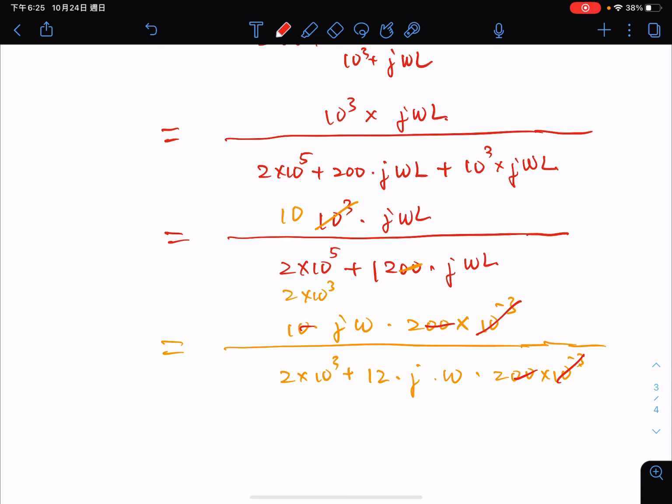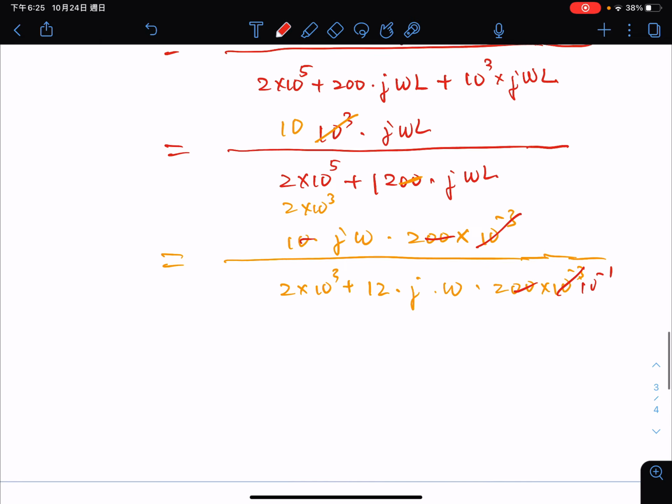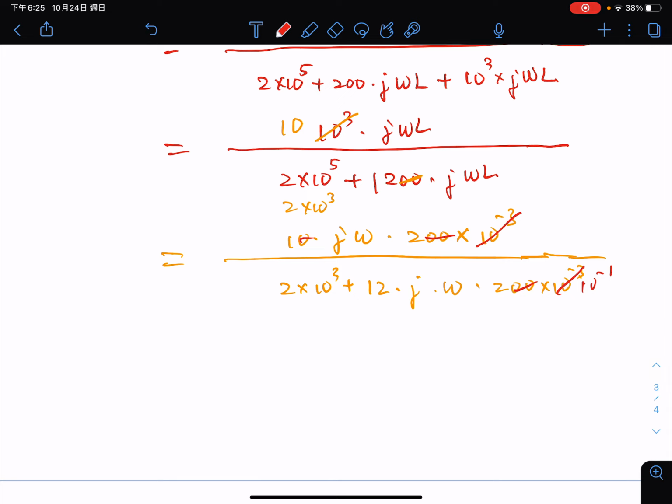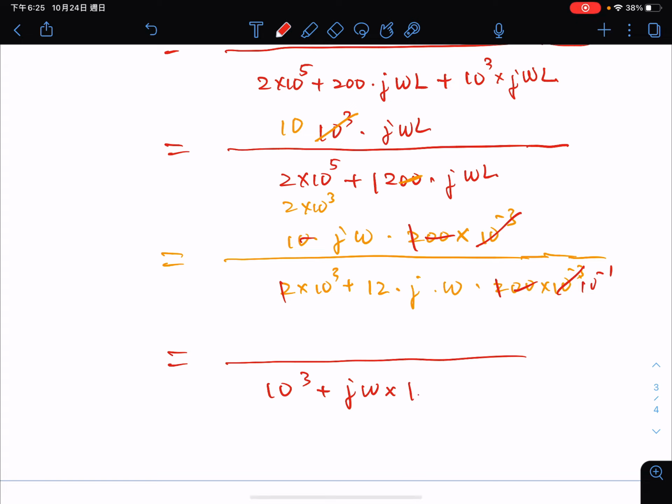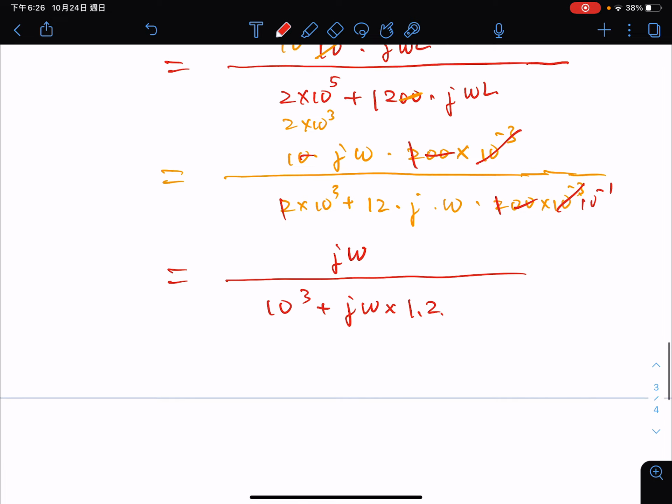And this one will be 10 to the minus 1. Okay. And we can eliminate the 2 here, the 2 here. So finally this becomes 10 to the 3 plus j omega multiplied by 1.2, and the denominator will become j omega. Okay.